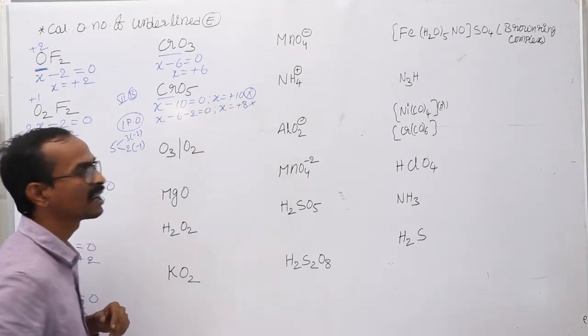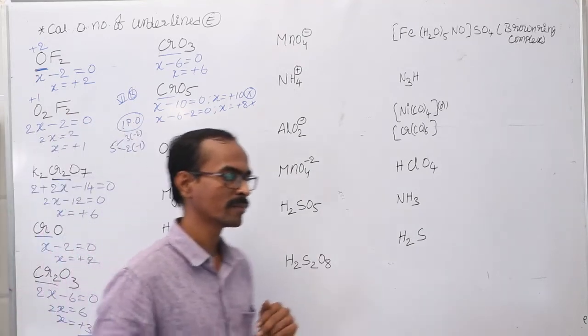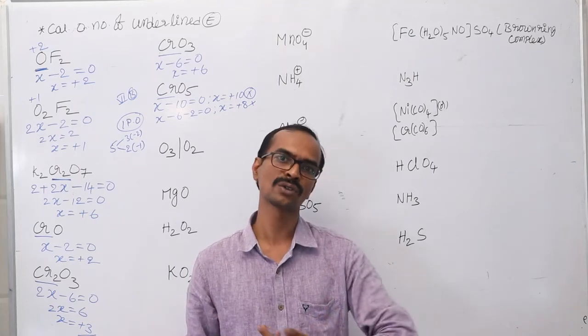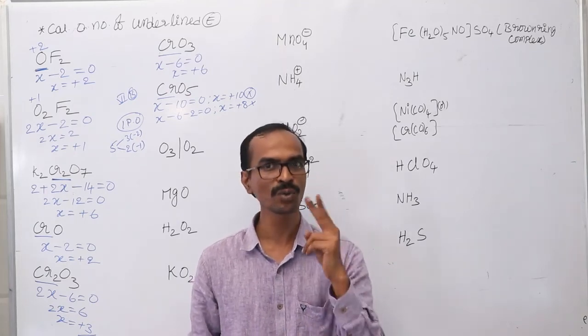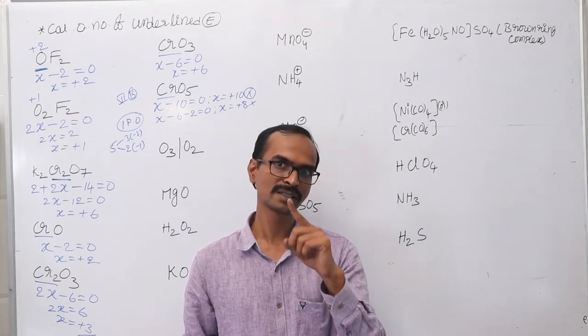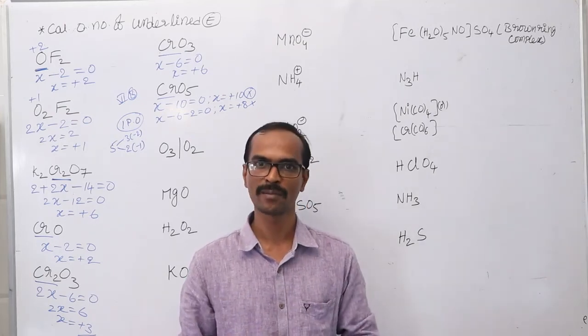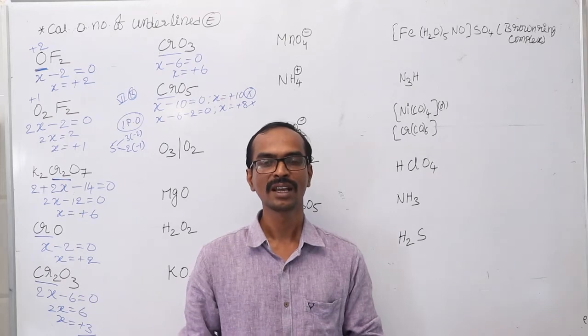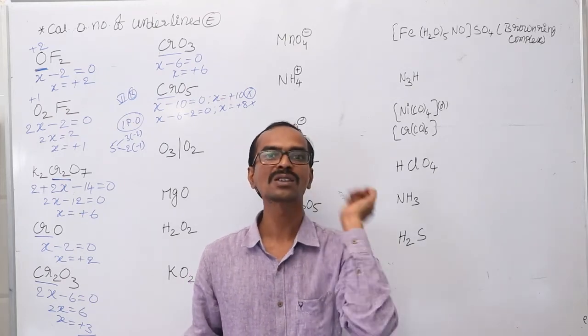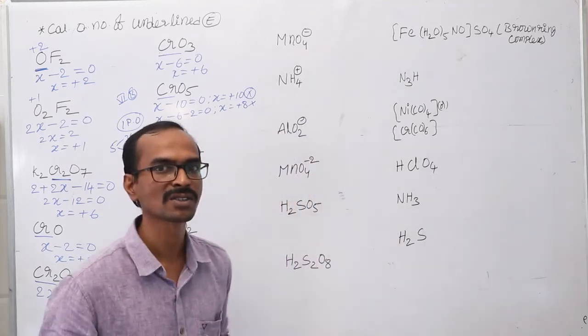Again it is obtained more than its group number. Then again, you just assume another peroxide bond in the molecule. That means 2 peroxide bonds. I told you if one peroxide bond is there, 2 oxygen atoms are having minus 1 oxidation state. If 2 peroxide bonds are there, 4 oxygen atoms are having minus 1 oxidation state.